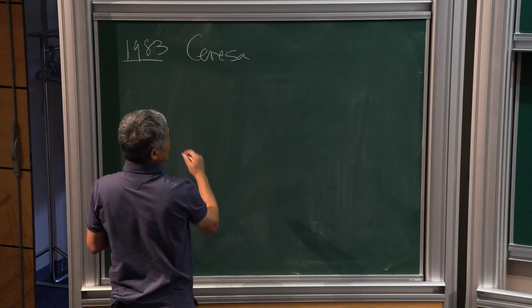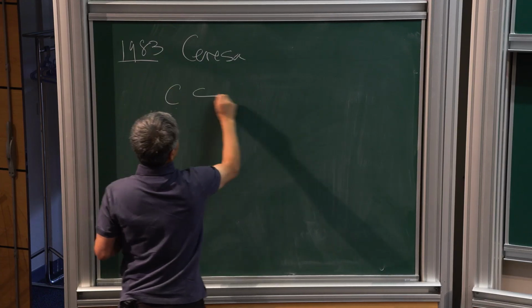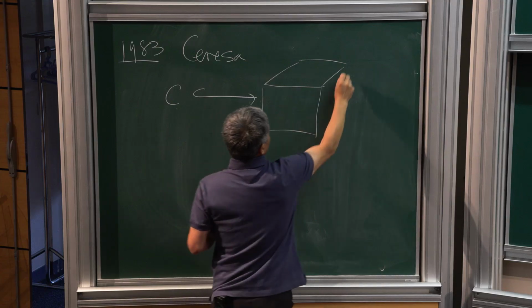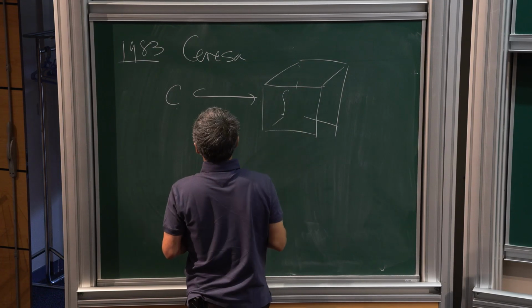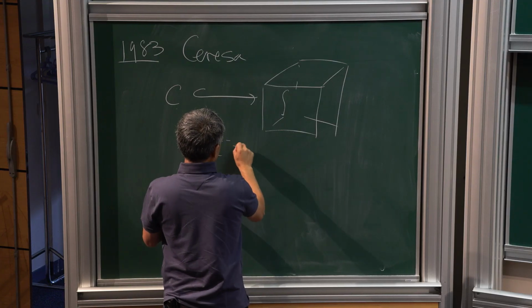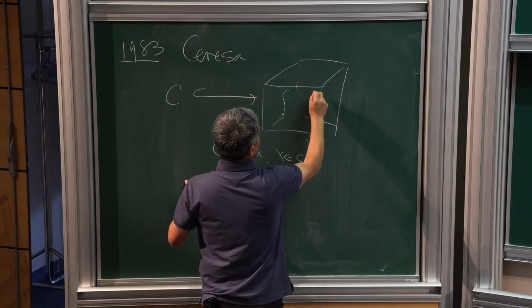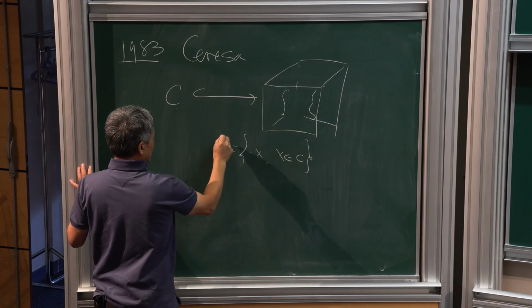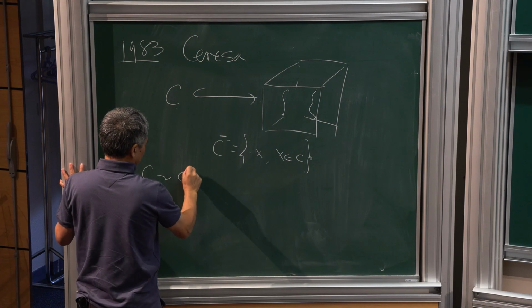He studied the cycles, and in the same picture you have C embedded into the Jacobian. Then you have C minus, the image under minus x. Of course, C minus C minus is homologically trivial.